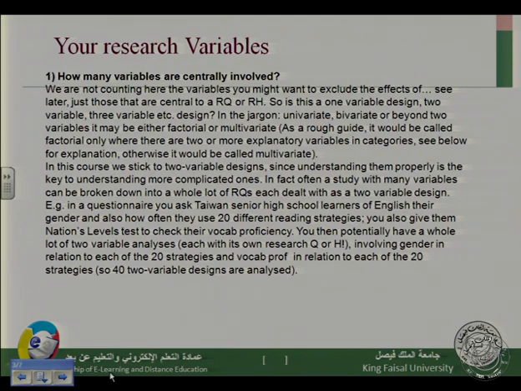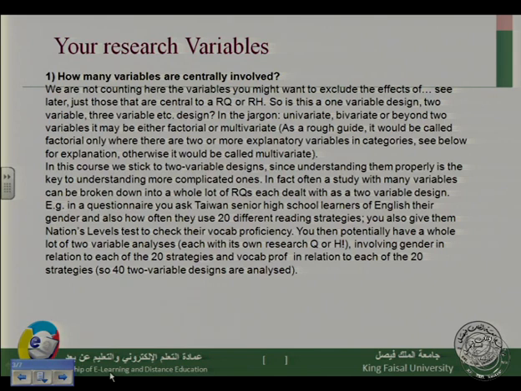Say that you selected 20 of these reading strategies: skimming, scanning, metaphor, hyphenated nouns, compound nouns, guessing from context, etc. You selected 20 reading strategies, and you want to check the use of these strategies. Do our Taiwanese learners use these 20 reading strategies? If yes, are they using them properly, effectively, in a good way?